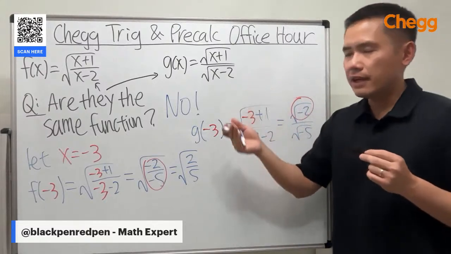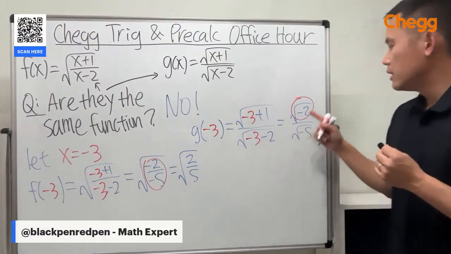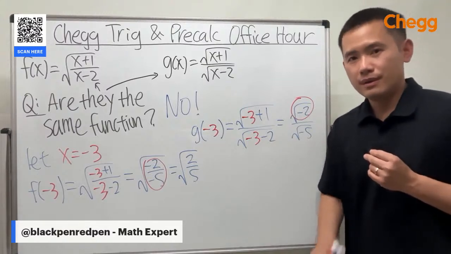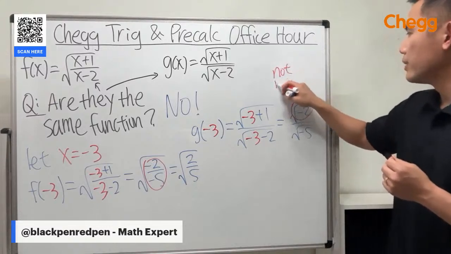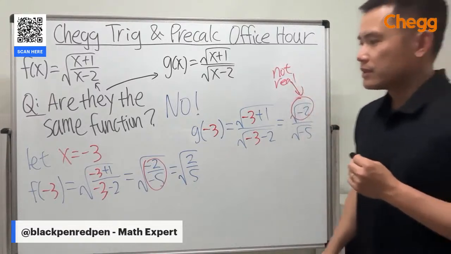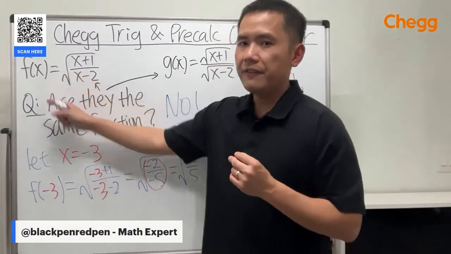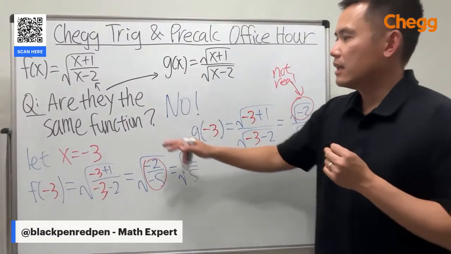The moment you see this, for f of x or g of x, if you want to talk about their graphs, square root of a negative number is not real. So you can plug in -3 into f, but you cannot do it for g.